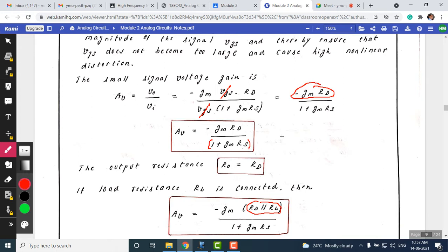So when you compare with and without Rs, without Rs it is simply minus Gm into Rd. But with Rs, you can see there is a factor here in the denominator.